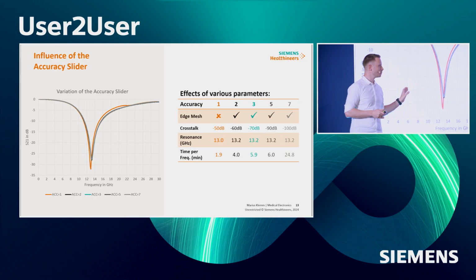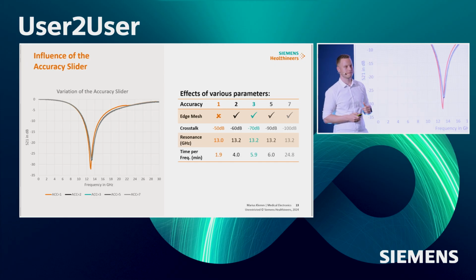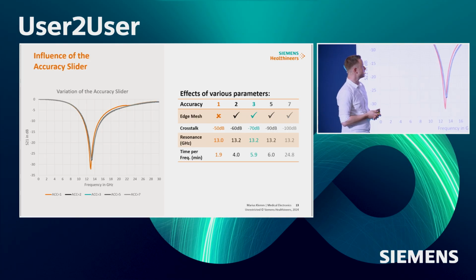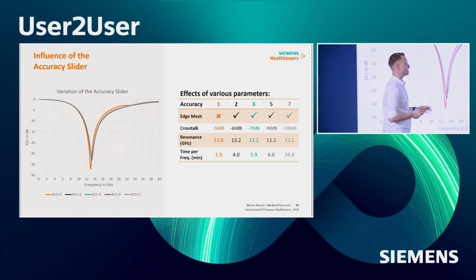Then we're coming to the solver. In the solver settings, the major setting is the accuracy slider. This accuracy slider has a grading from 1 to 7. The main difference from one to the other is edge meshing. The first one is the lowest setting, and from 2nd to 7, you have edge meshing applied.